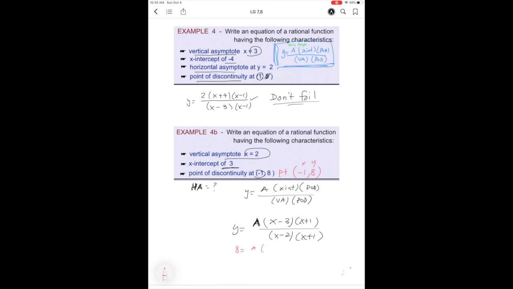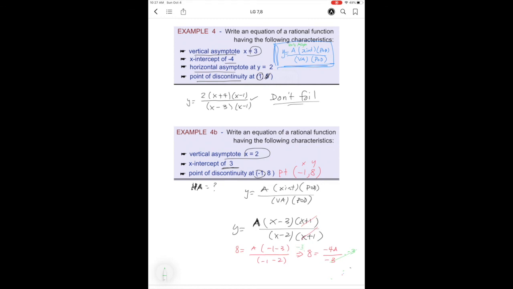You're going to leave these off when you're trying to find A, because if you plug it in, you'll get 0 over 0, so just leave it off. Now we're just going to do a little bit of algebra. So we have negative 4a over negative 3. And then we're going to times this side by negative 3 to wipe that out.